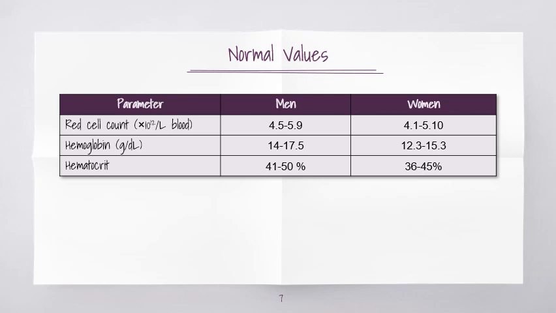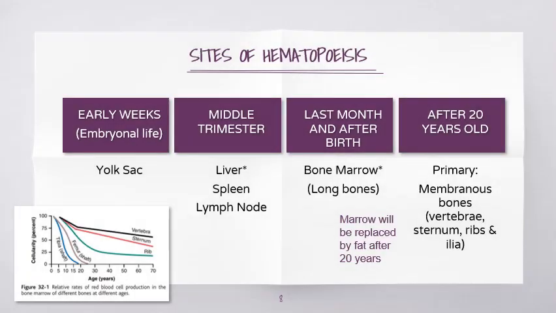But remember again, this is just a rough estimate of the values because, as you've seen in CBC results, they really do have different values, and even the units that are used may be different. These are just common units and a rough estimate of the normal values. So we go now to the sites of hematopoiesis.